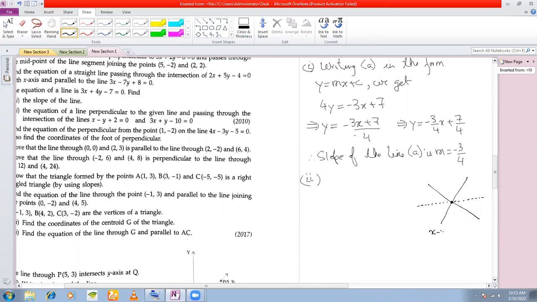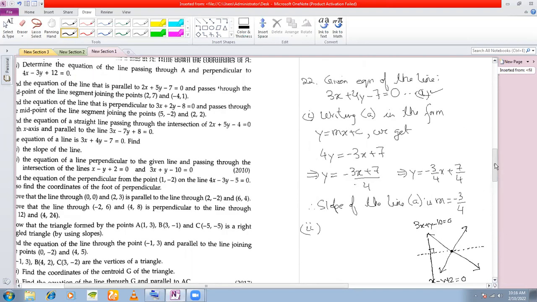What are the equations given? x minus y plus 2 is equal to 0, and 3x plus y minus 10 is equal to 0. You need to find the equation of such a line which passes through the point of intersection of these two lines and is also perpendicular to the given line. What is the given line?